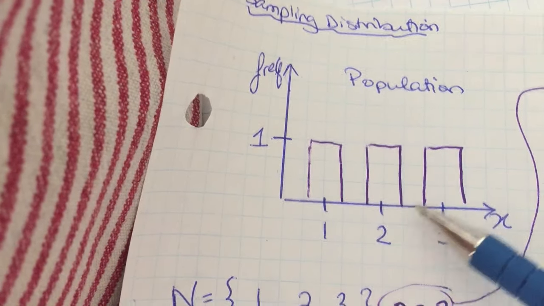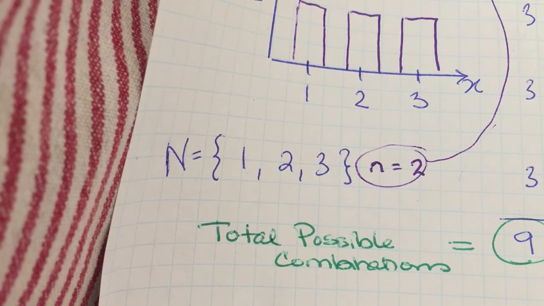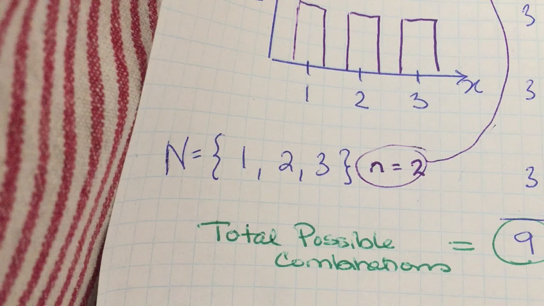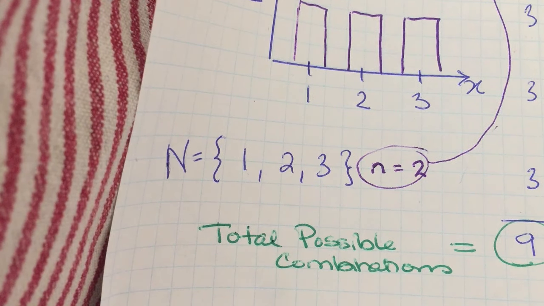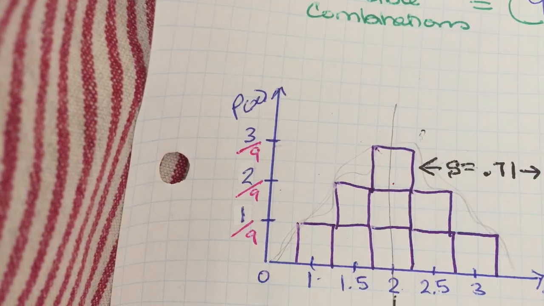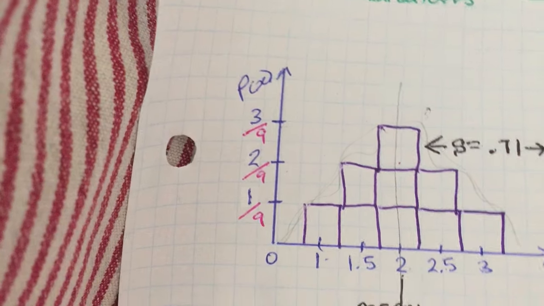This was our population that we drew from. So that tells us that our definition really makes sense for sampling distributions: the distribution of a sample statistic calculated on all possible samples of a given size drawn from a well-defined population.